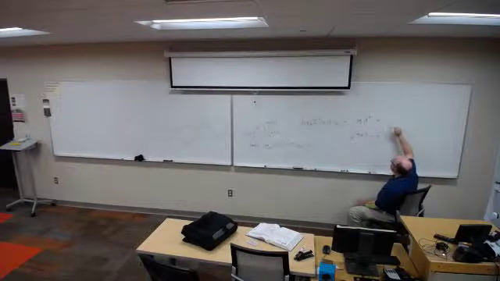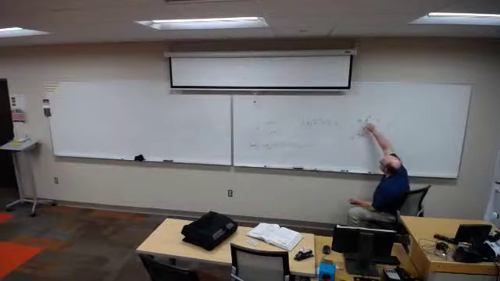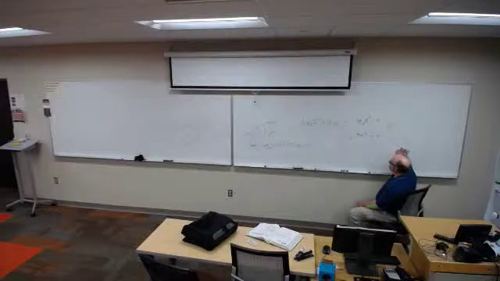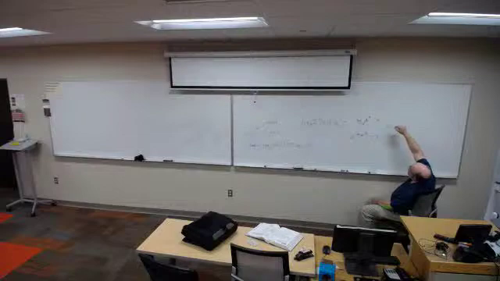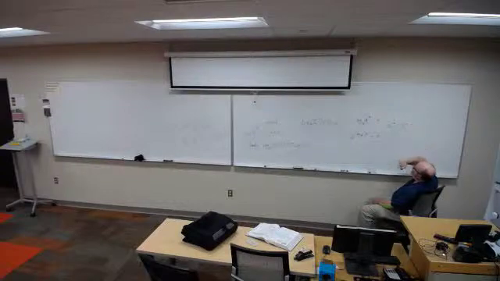If this is logarithm base 10 of a to the 4th is equal to x, then what I would say is 10 to the x power is equal to a to the 4th.